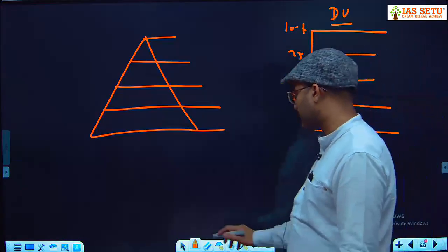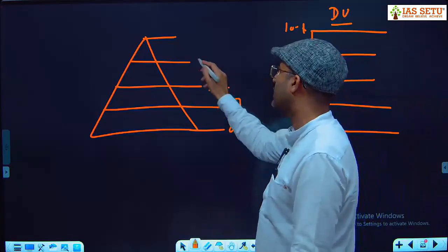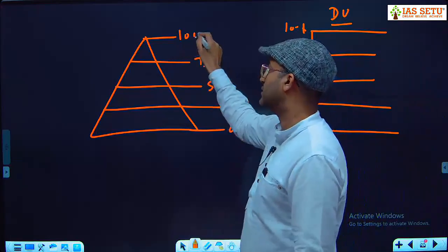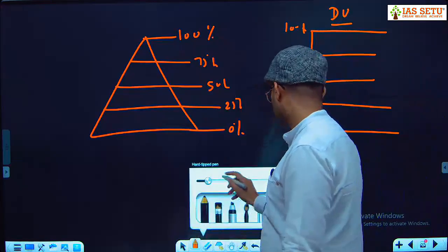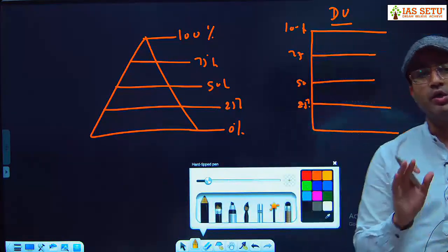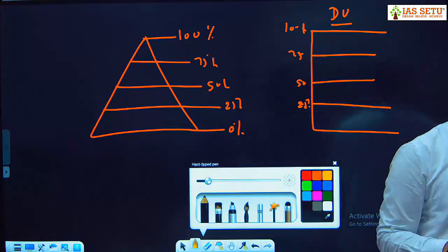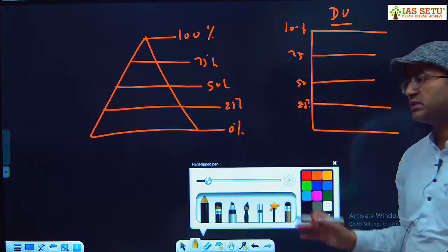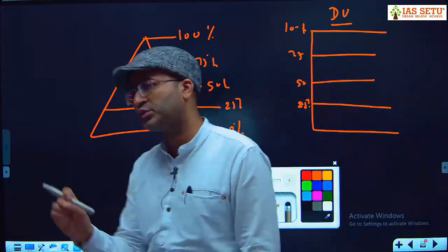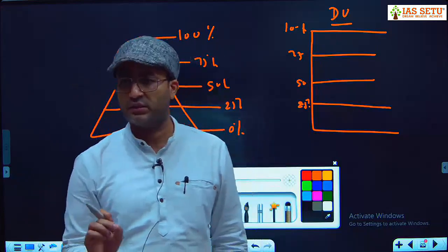We find that this is like here 0%, 25%, 50%, 75%, 100%. We find out of 10,000 students, 25% students have Hindi literature as one of their subjects. मतलब DU में 10,000 स्टूडेंट में से 25% स्टूडेंट के पास हिंदी लिटरेचर इज एज वन ऑफ देयर सब्जेक्ट वी हैव.